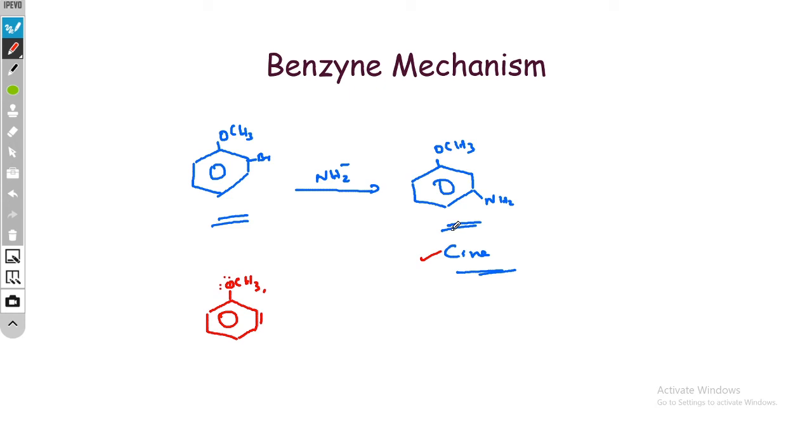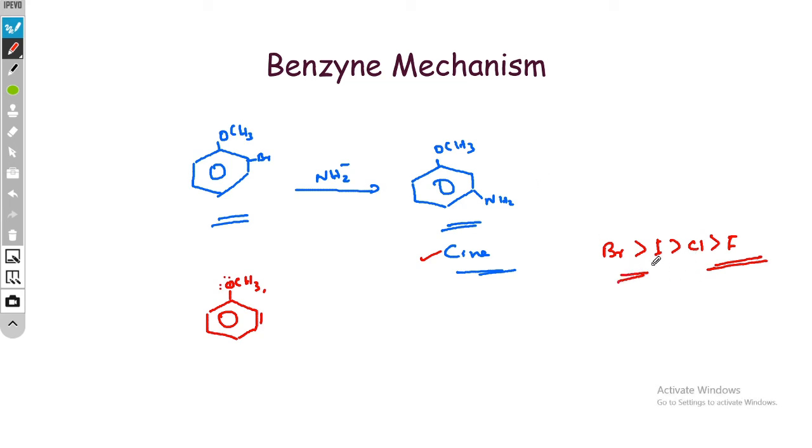Another evidence is that when we use different halides, the order of reactivity is Br greater than I greater than Cl greater than F. Here, instead of this Br we are using different halides, and we get the order like this. Since the fluoride substituted arene is least reactive, it is clear that the reaction is not the SNAr mechanism.